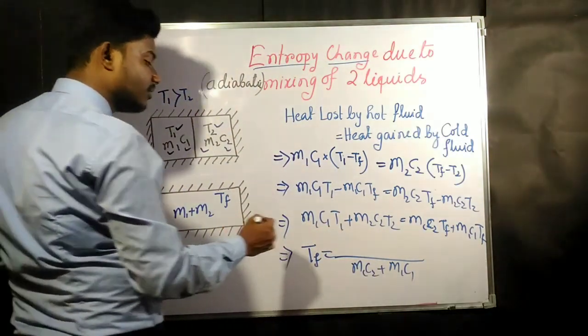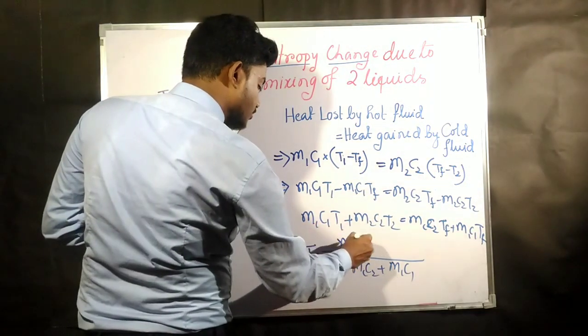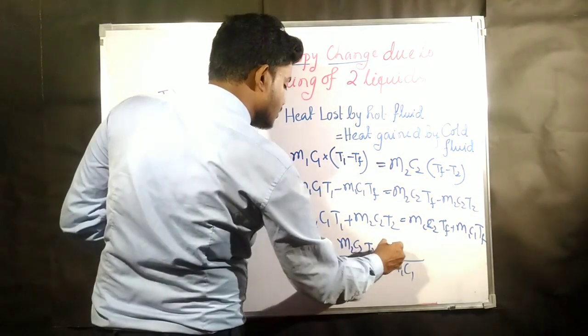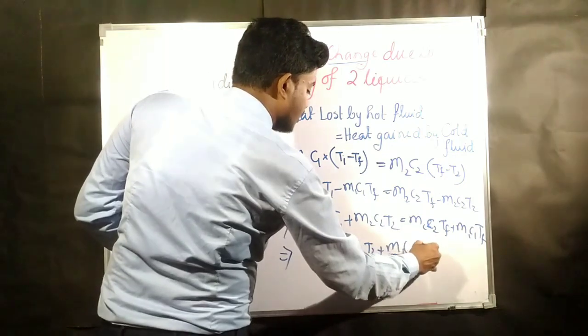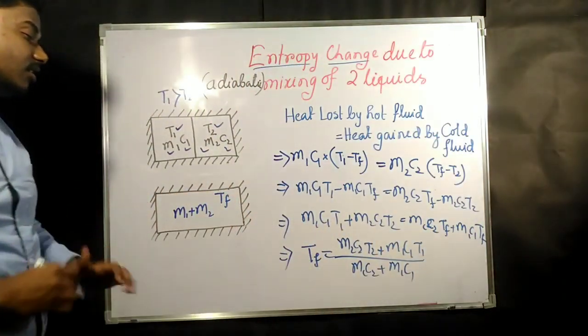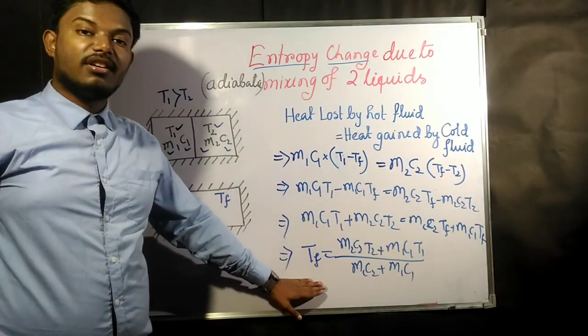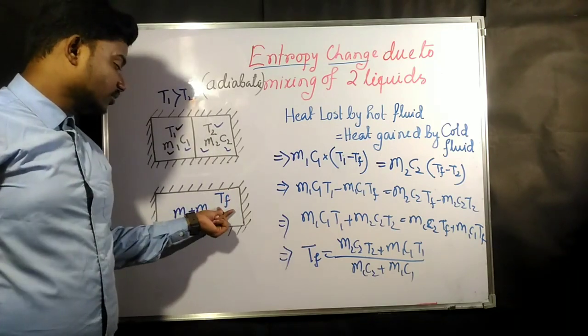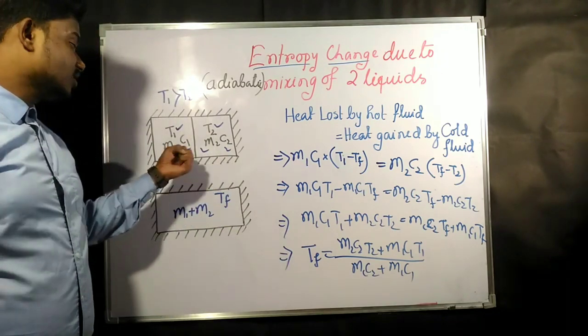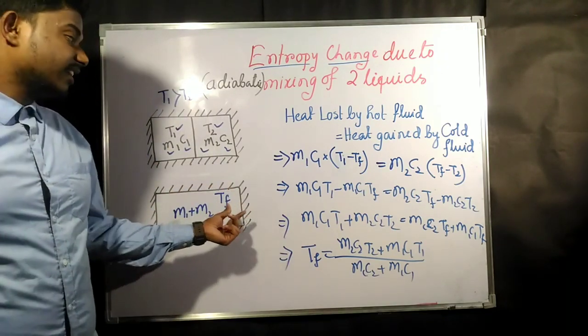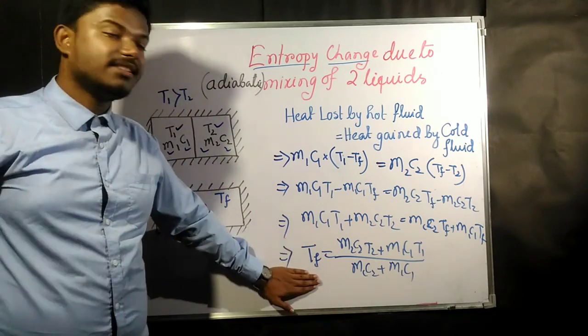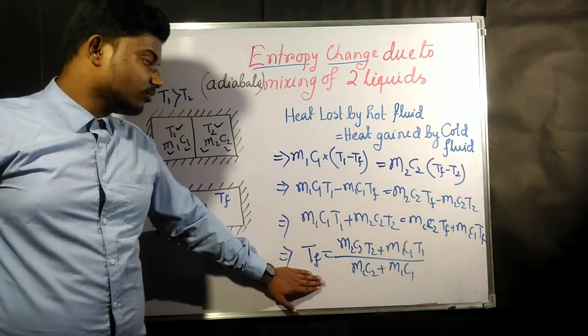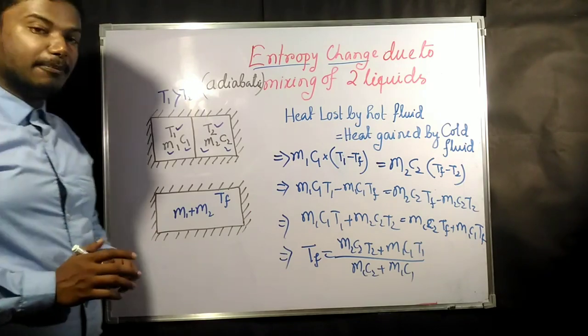And in the numerator, M2 C2 T2 plus M1 C1 T1 is remaining. So this is going to be our final temperature. After mixing of two gases, the temperature they have attained we can easily find out by this formula.